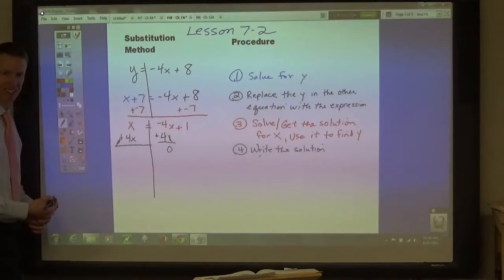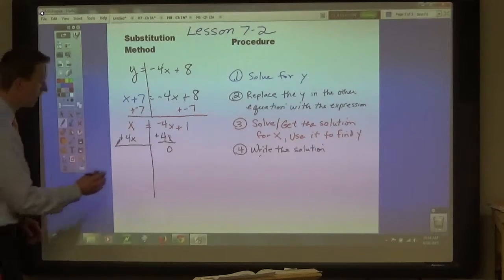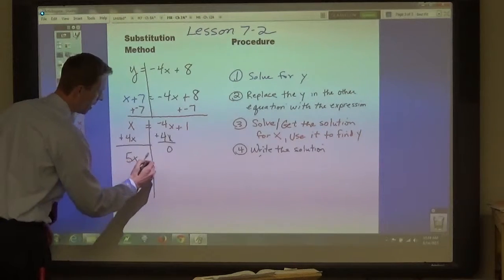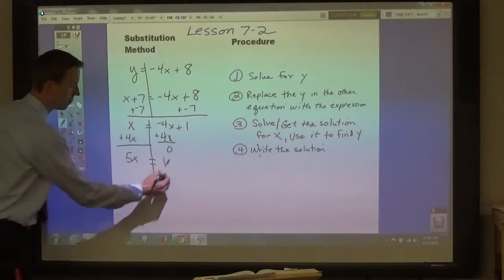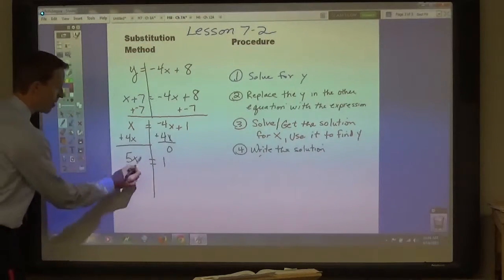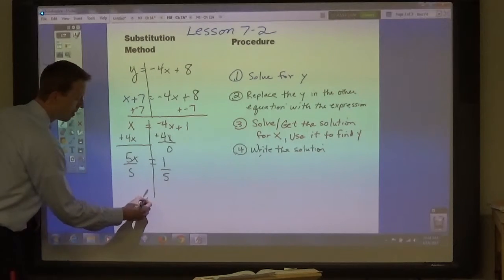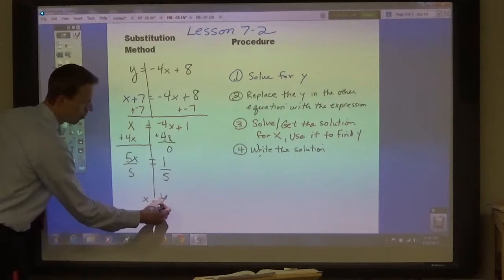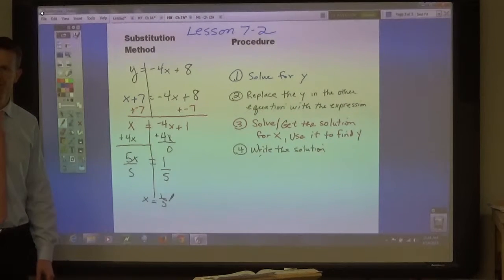How many x's do we have now? 5x. And that equals what? 1. And then divide by 5, and we learn what x is. x is 1/5. Right?